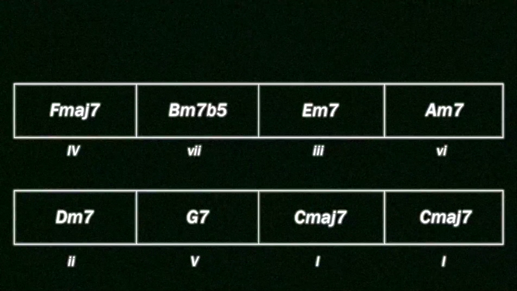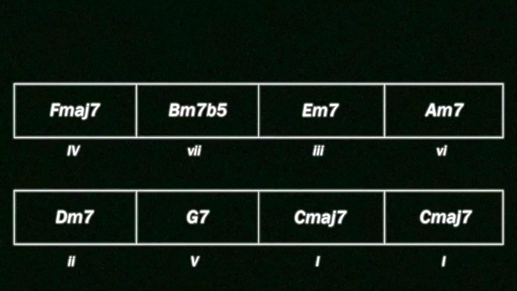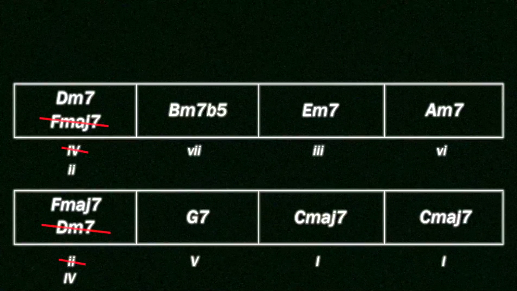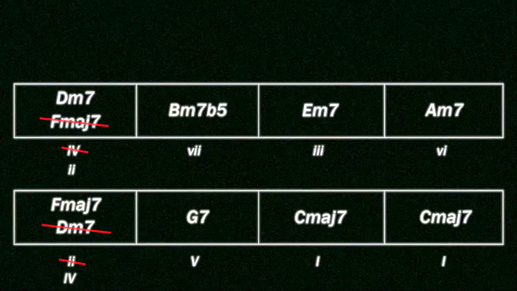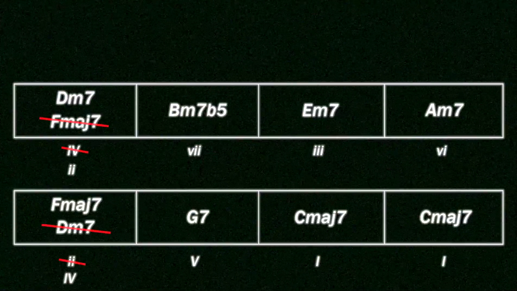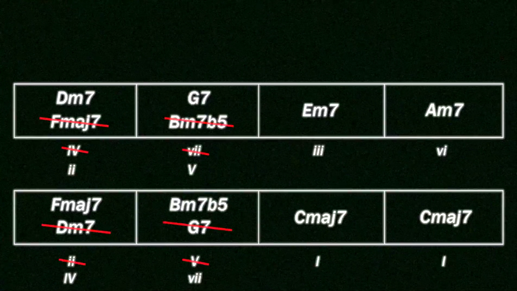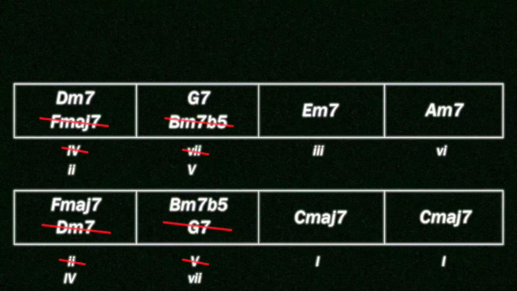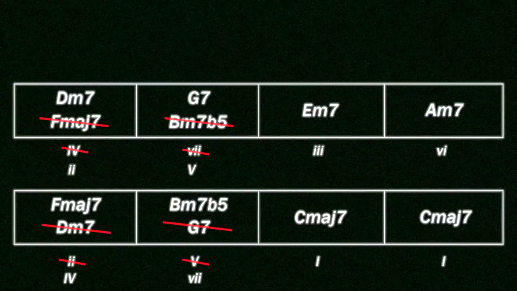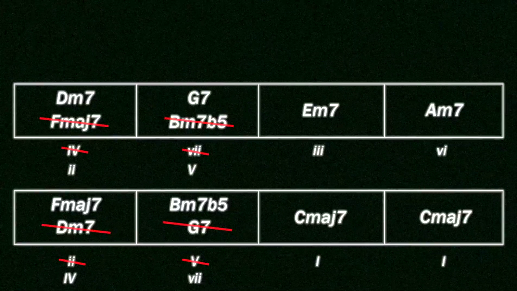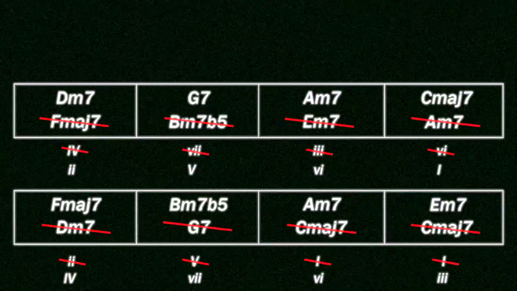For example, we can swap out any 4 chord with a 2 chord, since they're both subdominant chords, and vice versa. We can swap out any 7 chord with a 5 chord, since they're both dominant chords, and vice versa. We can interchange any 1, 3, or 6 chord with each other, since they're all tonic chords.